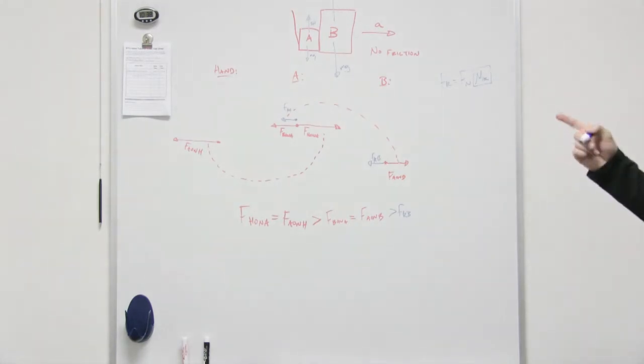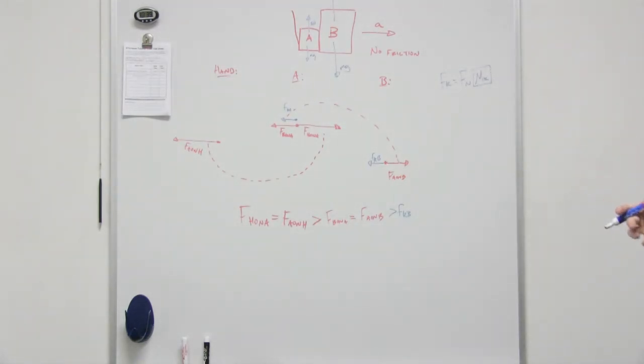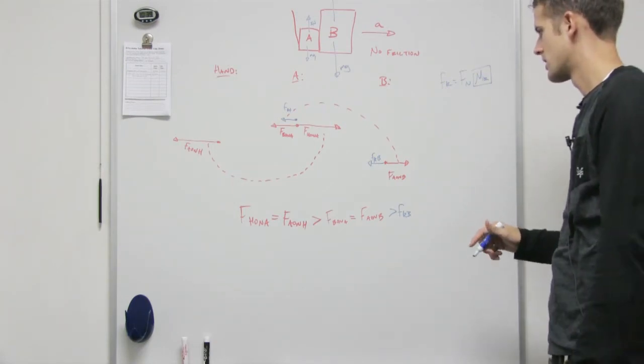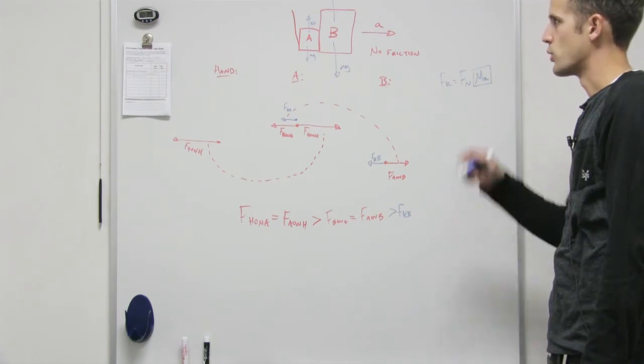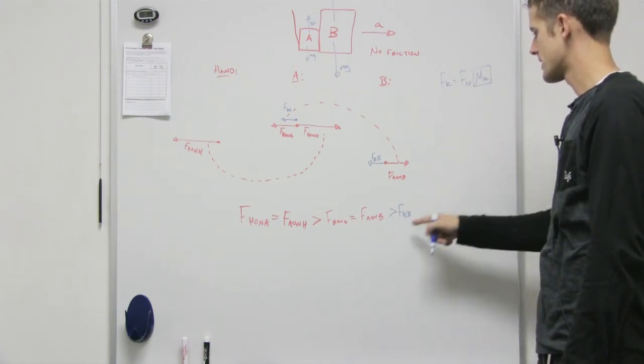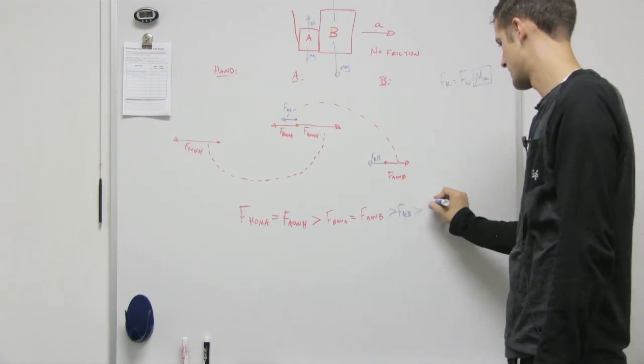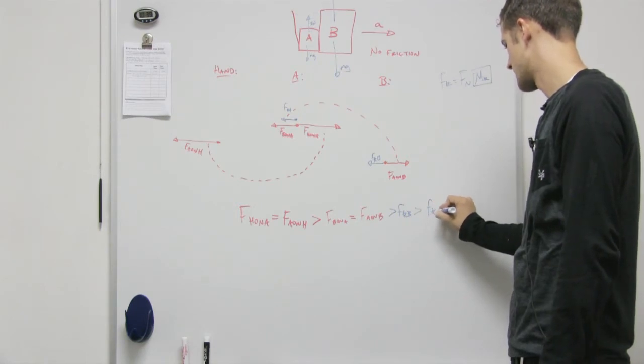So then you can compare mg, which one has a greater mg? Yeah, because it's got more mass. So if the normal force is greater, that means the friction's greater. So you can put friction A at the end.